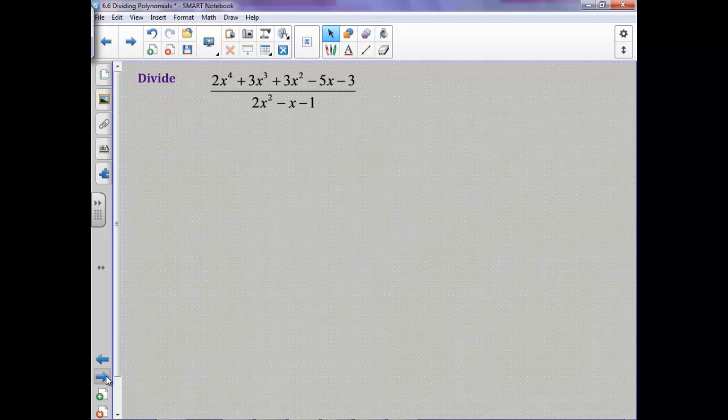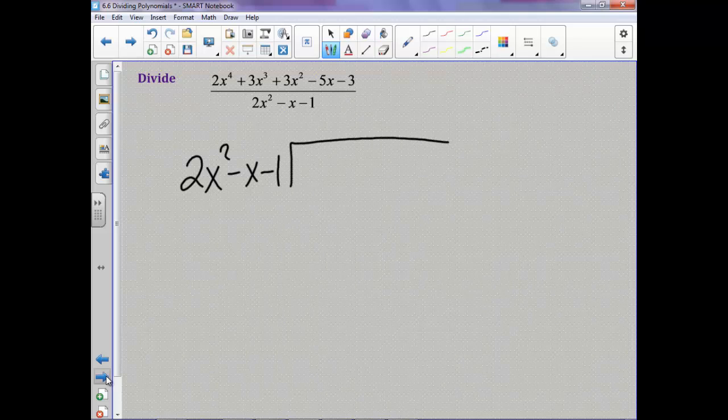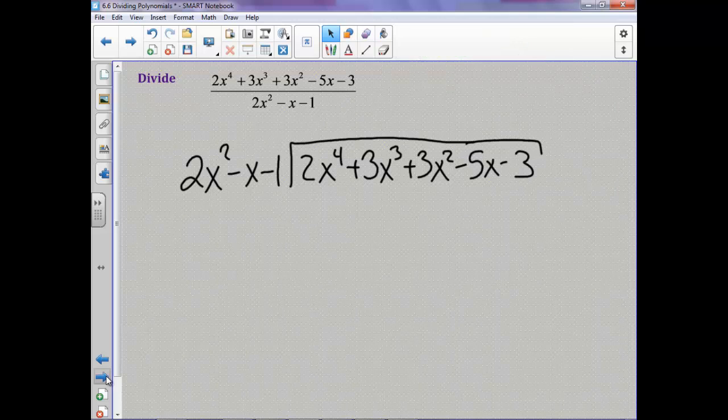This one follows the same idea. It is in the correct order now, so we can just rewrite it. So we need to multiply by x squared.